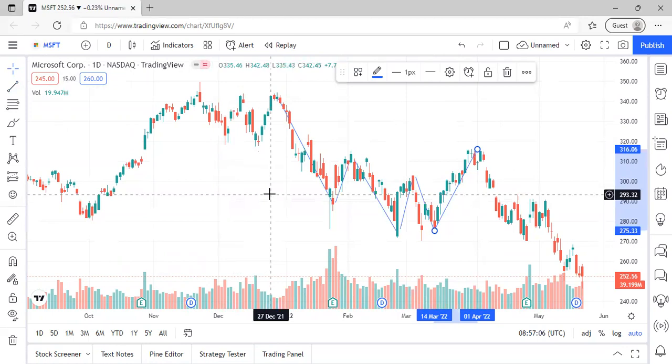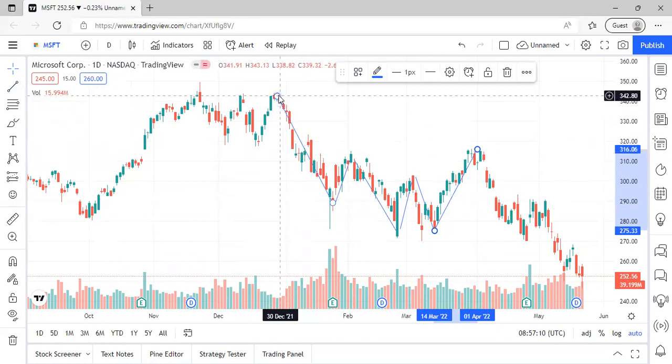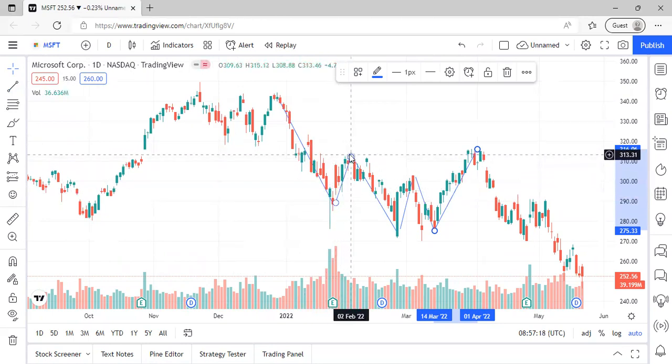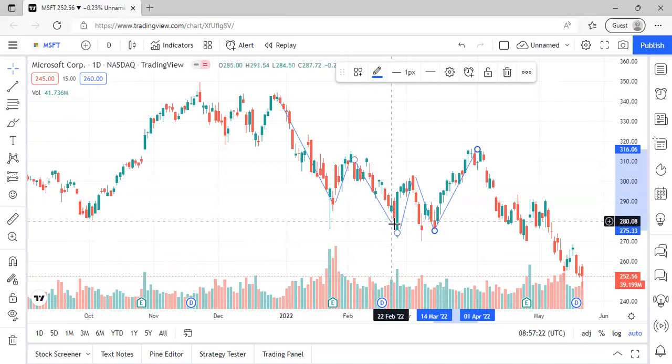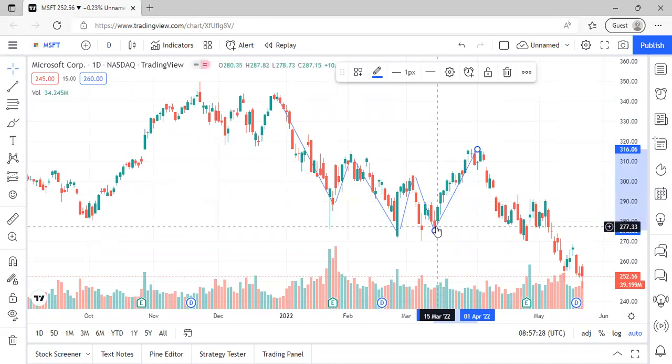First and foremost, what you can see here is the first drop in the price movement. It's quite a steep drop, followed by a rebound, followed by a collapse, a rebound, and then a further drop, and an upward trend.